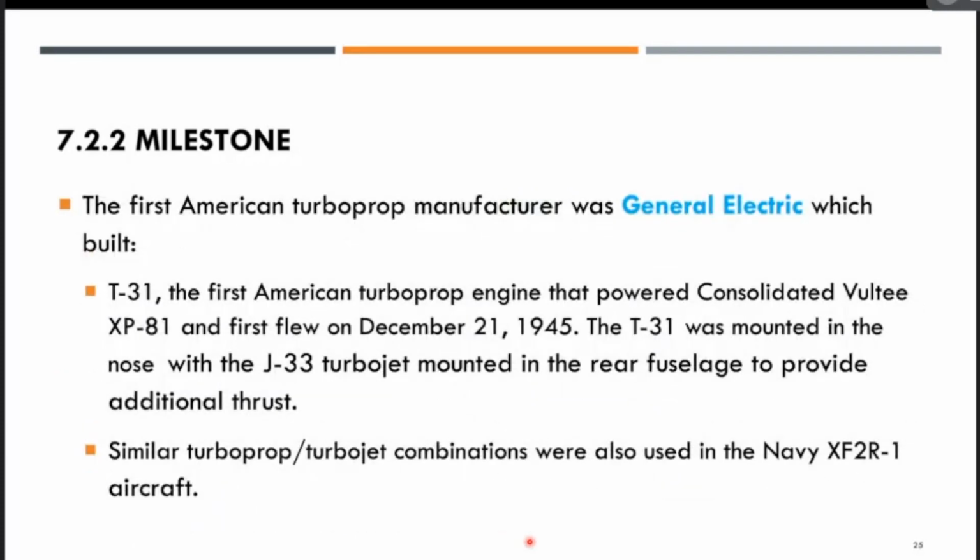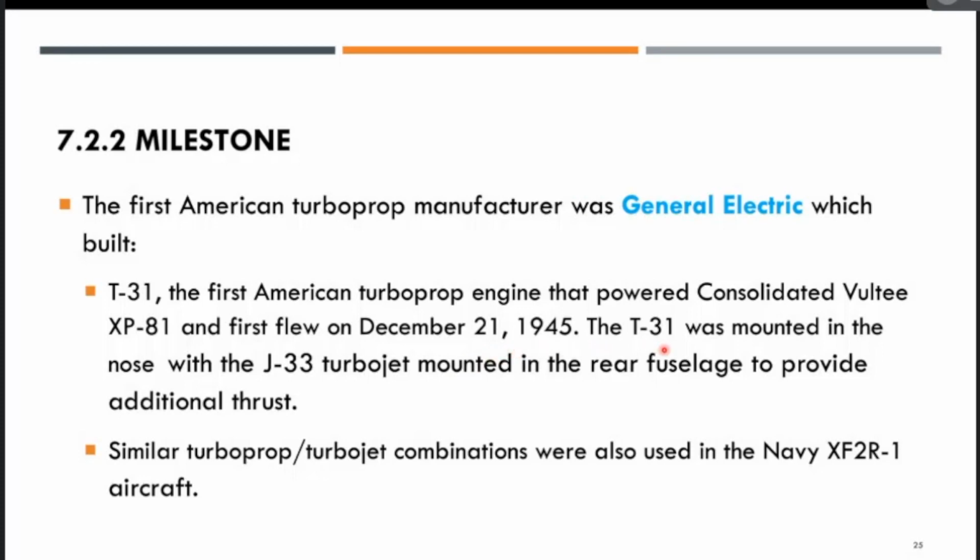So moving on to the American turboprop manufacturer, GE, General Electric. They have the T31 type of engine, which is the first American turboprop engine, which powered the Consolidated Vultee XP-81 and first flew on December 21st, 1945.